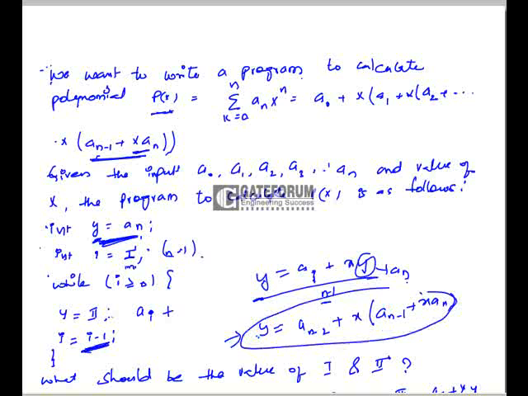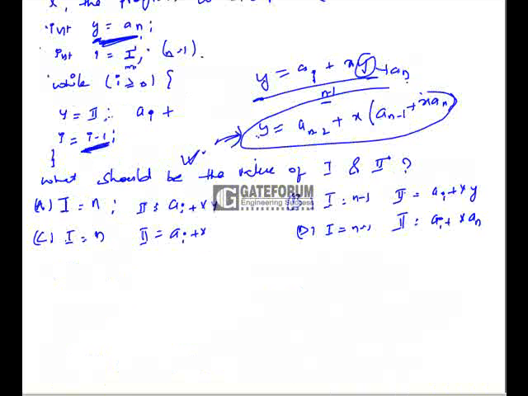Now when we decrease, i will be n minus 3. Like that, recursively, we can generate this polynomial. So here the correct option is option B. First, i should be initialized to n minus 1, and y should be a i plus x y. So B is the correct option.